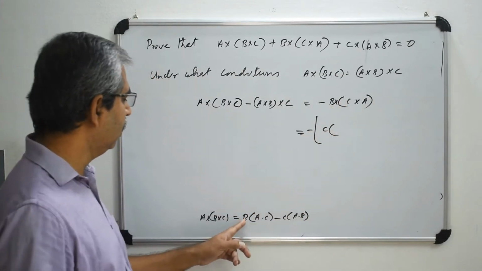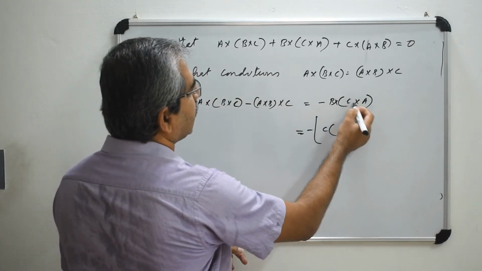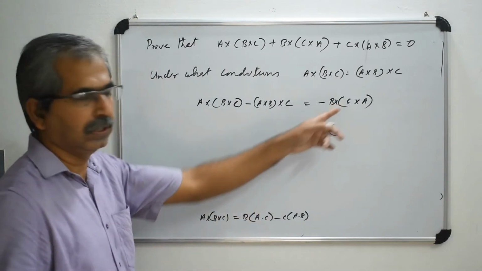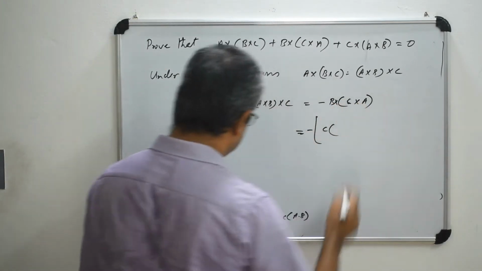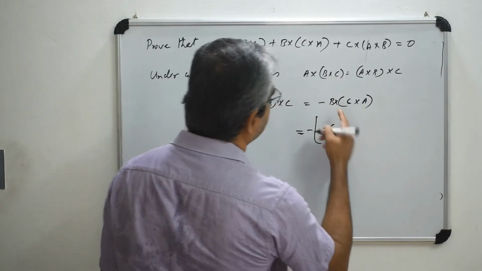So using this, first is this one. In the center we have C. Instead of B we have C here. So C into A dot C. In place of A we have B here, the first one.